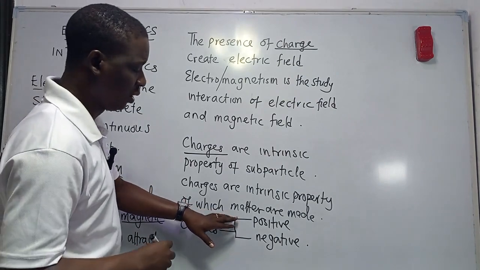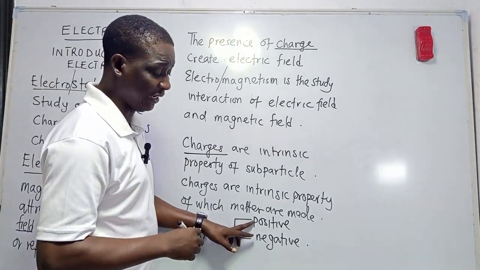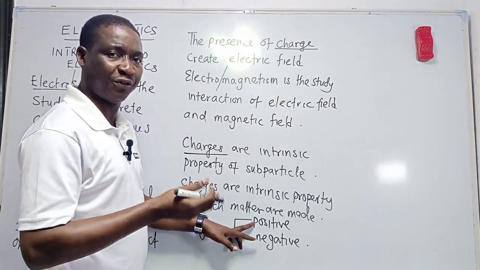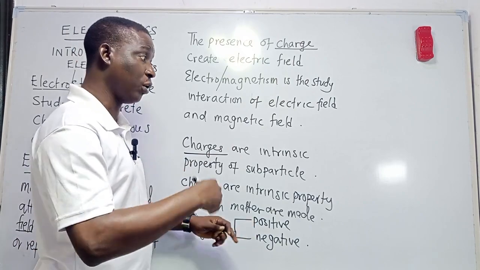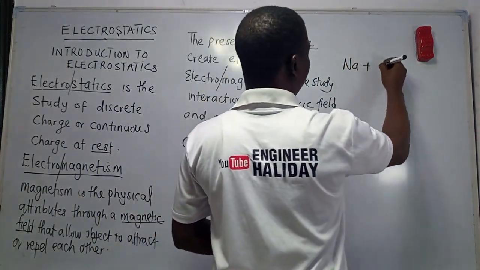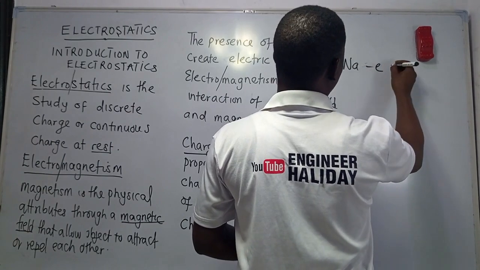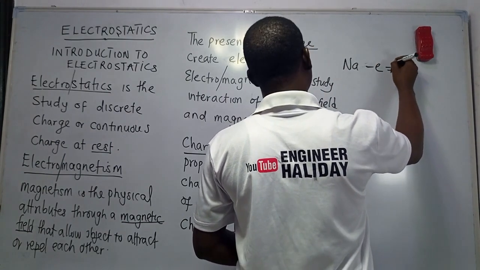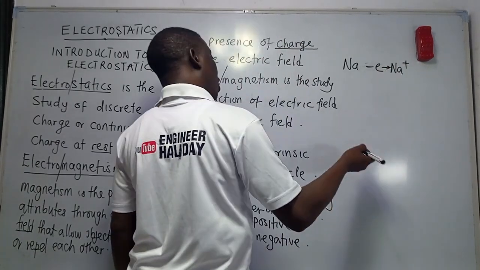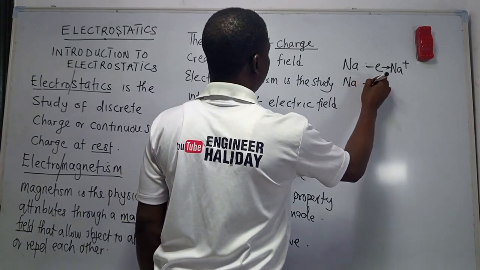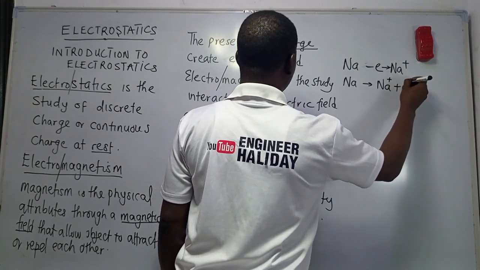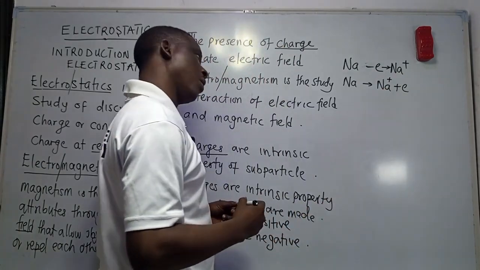I told us that one is deficient of electron and the other is in excess of electron. If deficient, it is a positive charge, because it has lost an electron. For example, if I remove one electron from sodium, it becomes sodium plus.